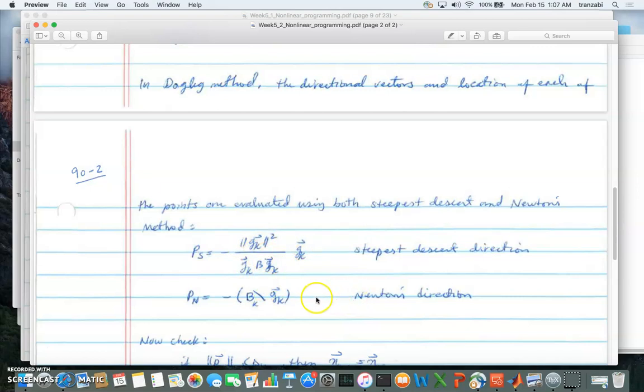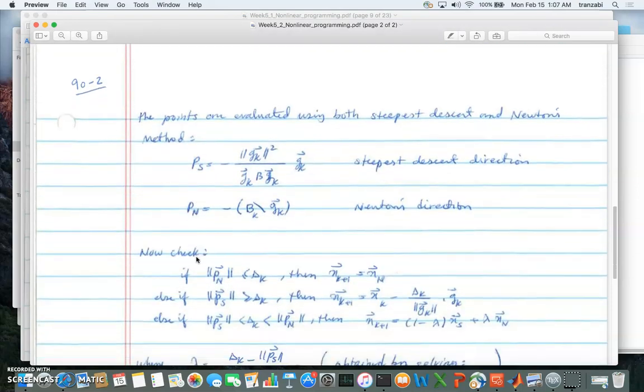In the Newton's method, we're going to solve it using Newton's method. So in one step, using the one-step Newton method, we're going to find the direction, which is going to be along the tangent to the function. So this is nothing but the tangent direction, and this other thing is the steepest descent direction.